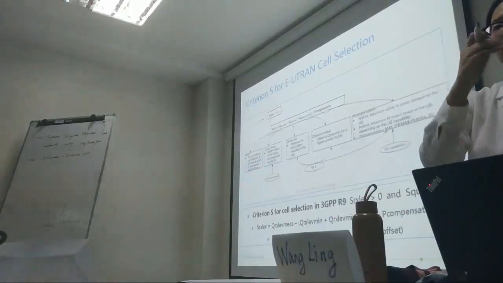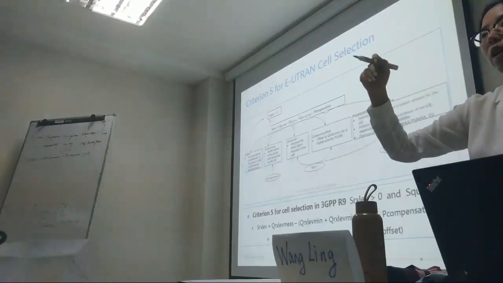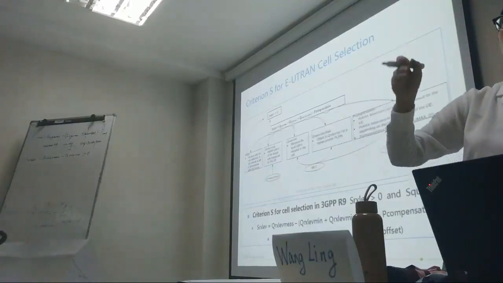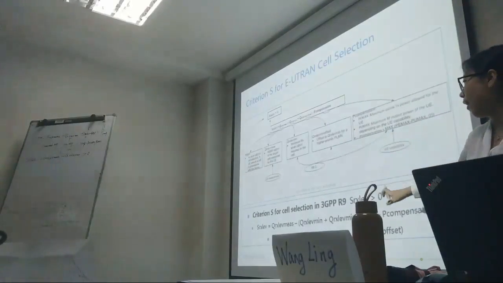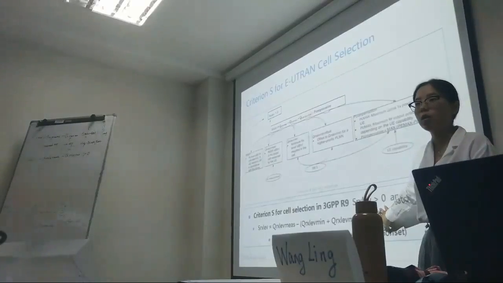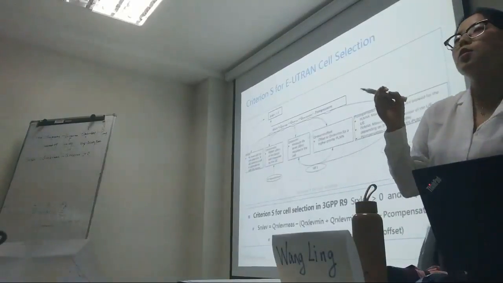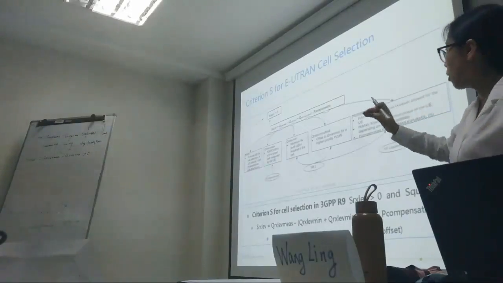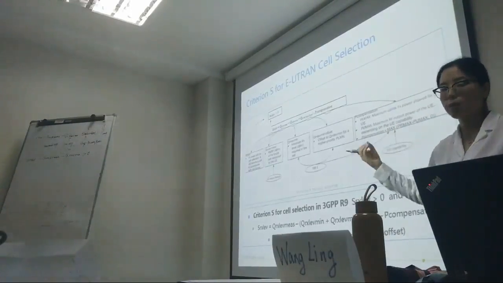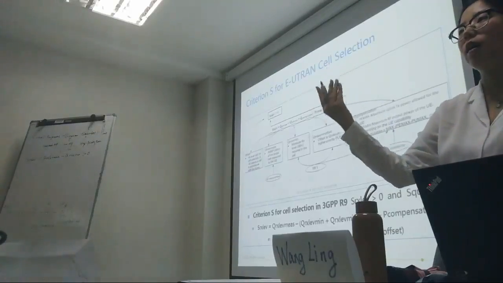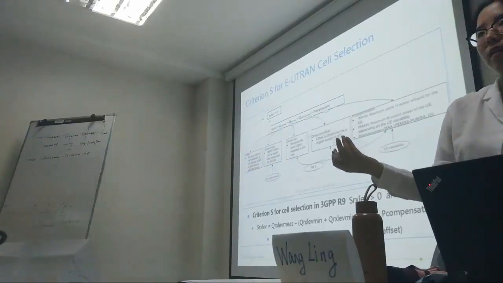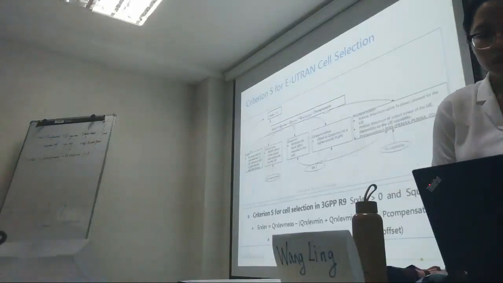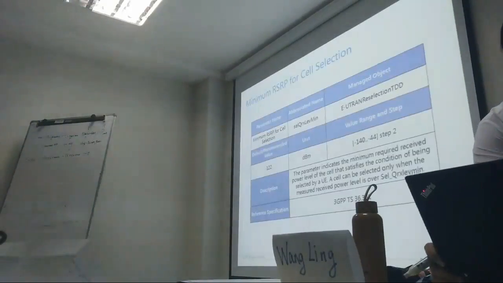The network in the node B also will configure whether it's R8 or R9. If both the network and the UE are R9, it will use RQ. But if only the network is R8 and the UE is R9, we also only perform the SRP. It's based on both the UE and the network. If both are R9, then we will use them together. So this is for cell selection.